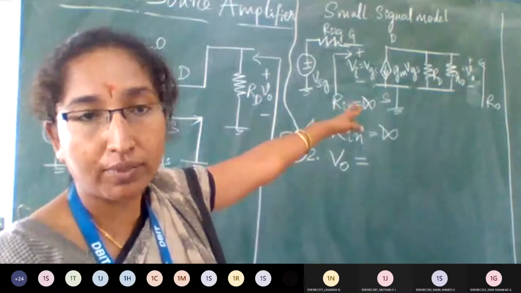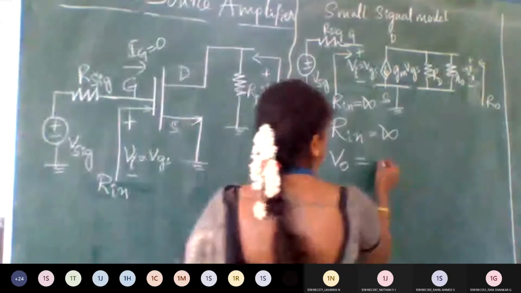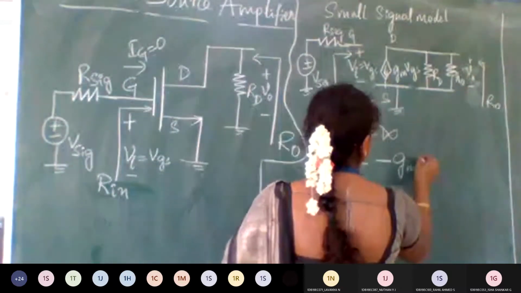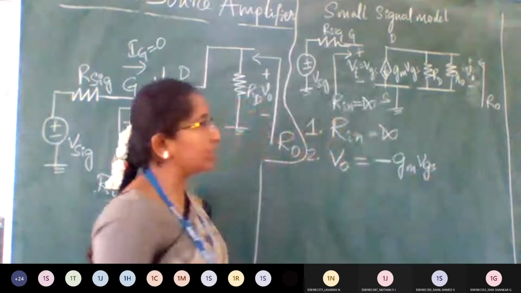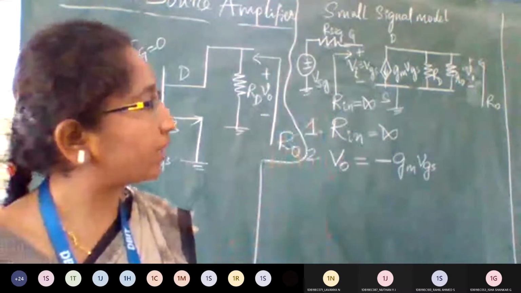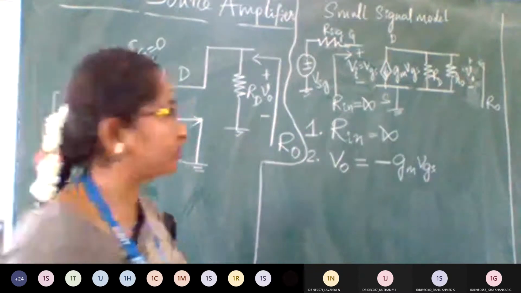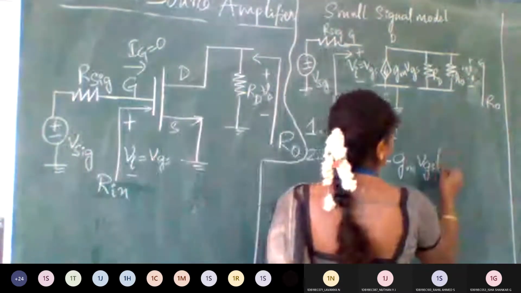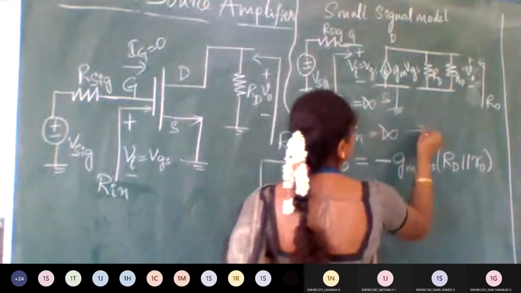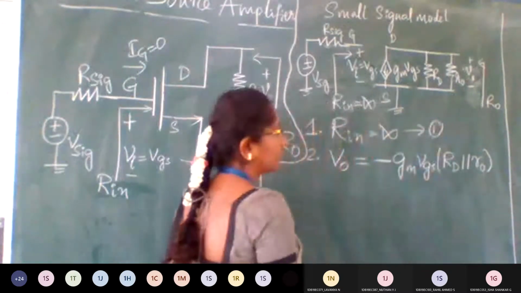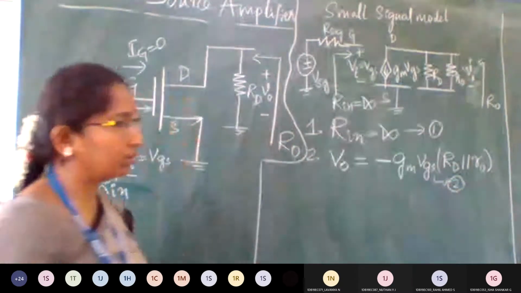It is gm VGS, so minus gm into VGS. And what is the resistance? You can find two resistances across the output. Is it parallel or series? Parallel: RD parallel r0. I call this expression 1 and I call this expression 2.